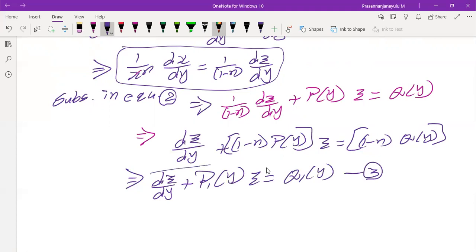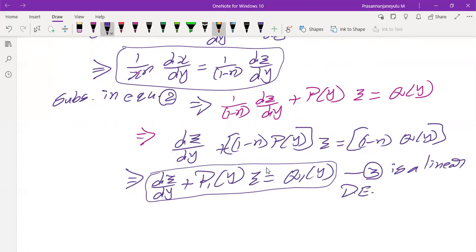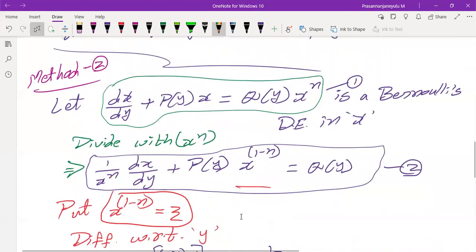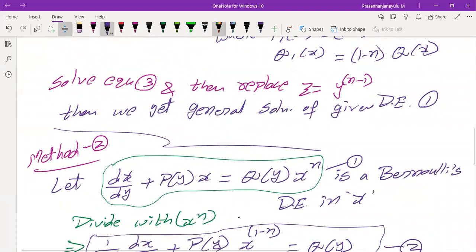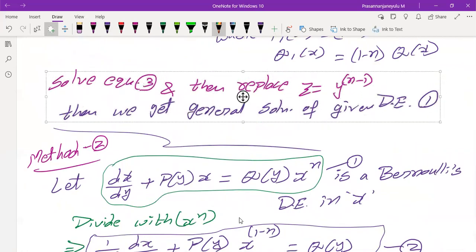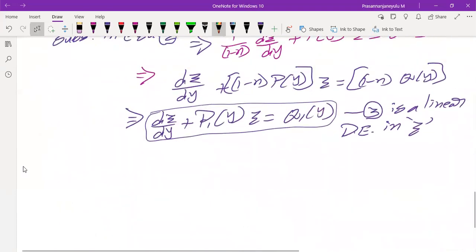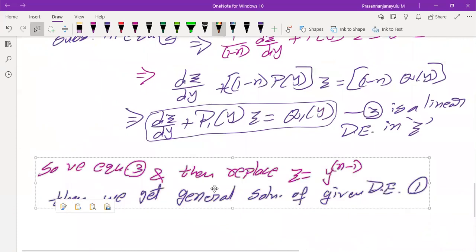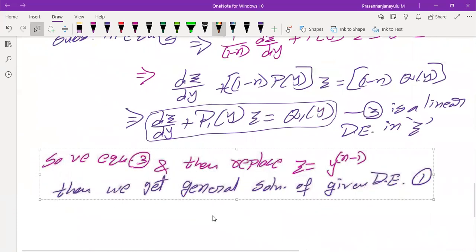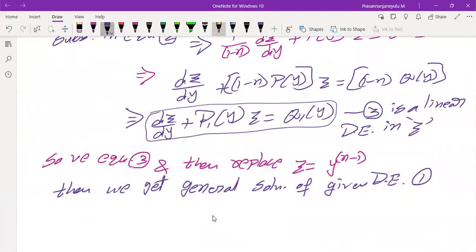What is equation number 3? Check it clearly. It is a linear DE in terms of which variable? z variable. Linear DE in z: solve equation number 3 and replace the z variable.